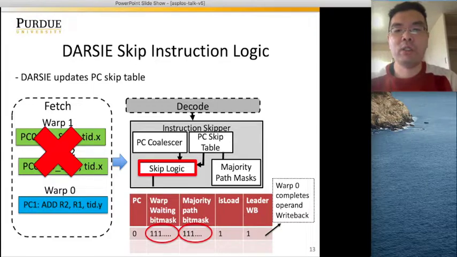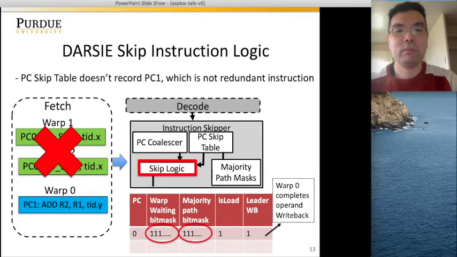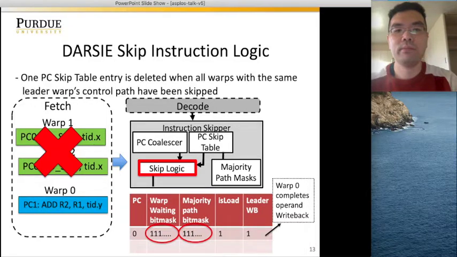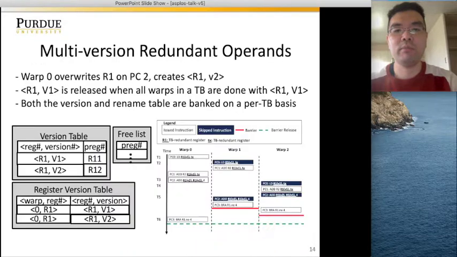Warp 0 completes operand write back. The PC skip table doesn't record PC1 because PC1 is not a redundant instruction. One PC skip table entry is removed when all warps with the same leader warp control flow path have skipped it.